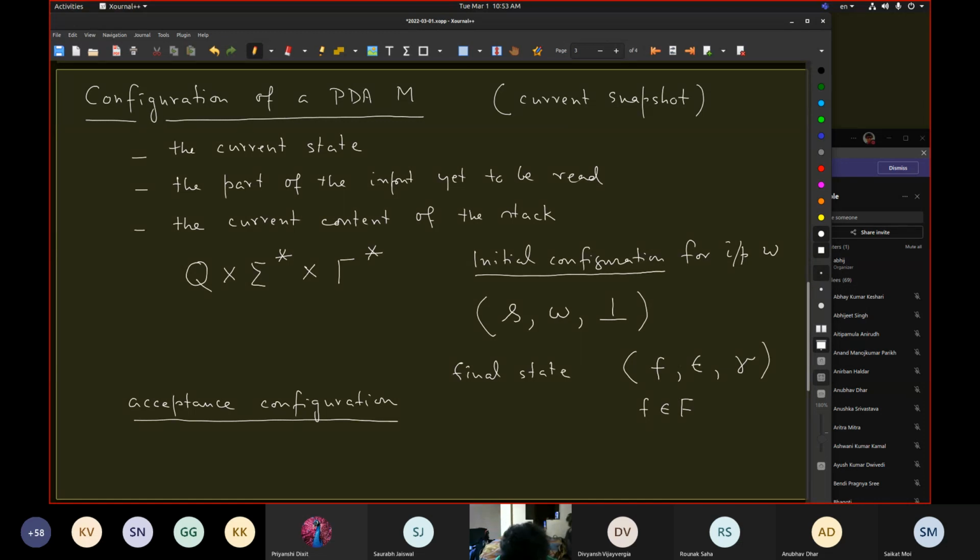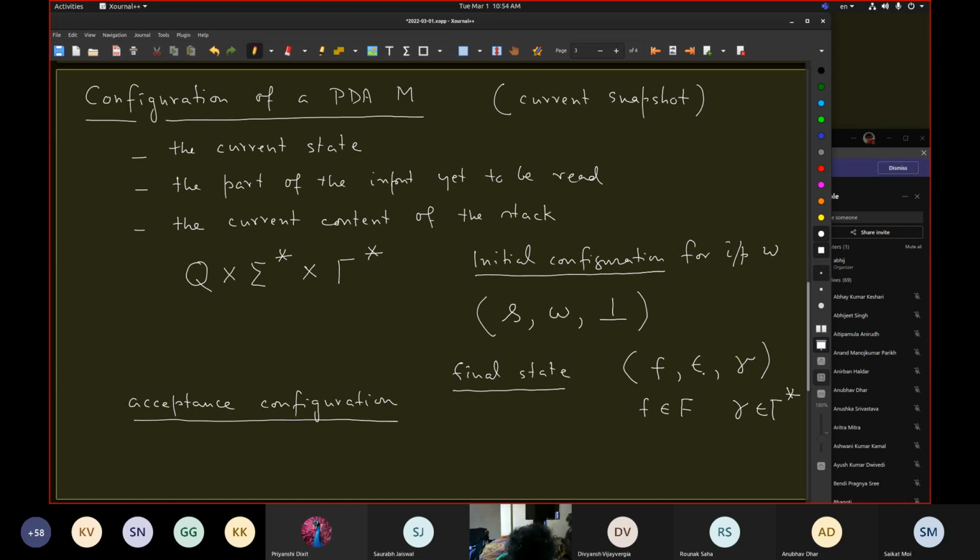Epsilon means that there is nothing left in the input to be read. And because this is acceptance by final state, gamma is any string in gamma star. Agree?